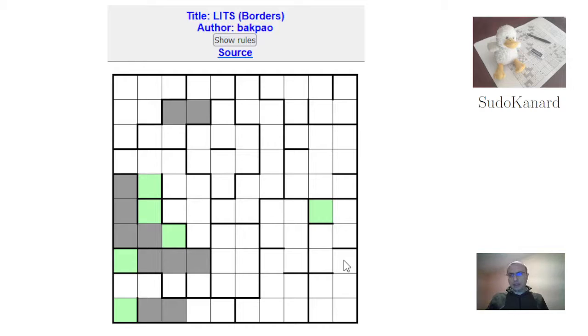I think that we could have an S here, but I couldn't have this unshaded and this shaded, because I would create a 2x2.